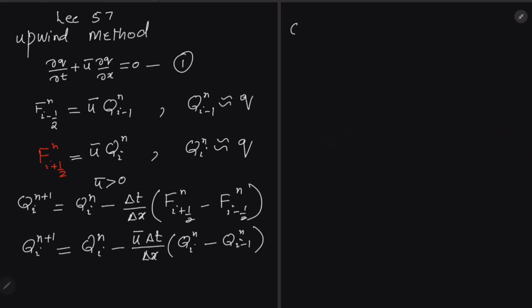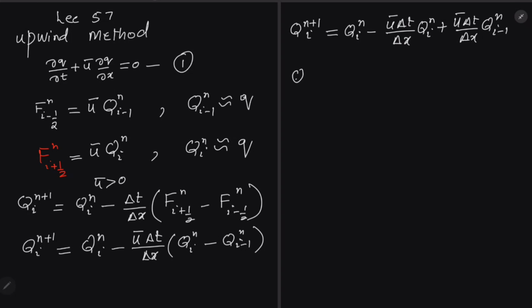So we can write, for example, Q_i^{n+1} is equal to Q_i^n minus U bar delta T by delta X, Q_i^n plus U bar delta T by delta X, and we have Q_{i-1}^n.